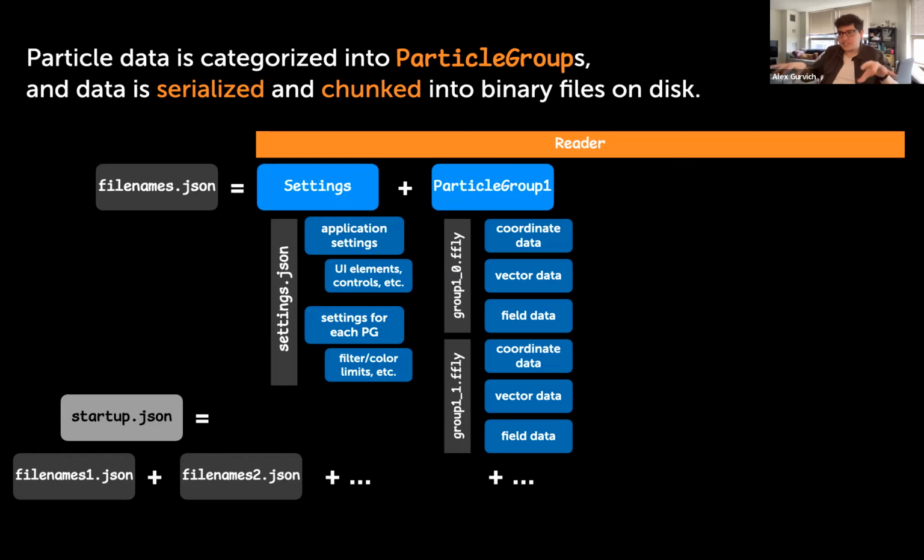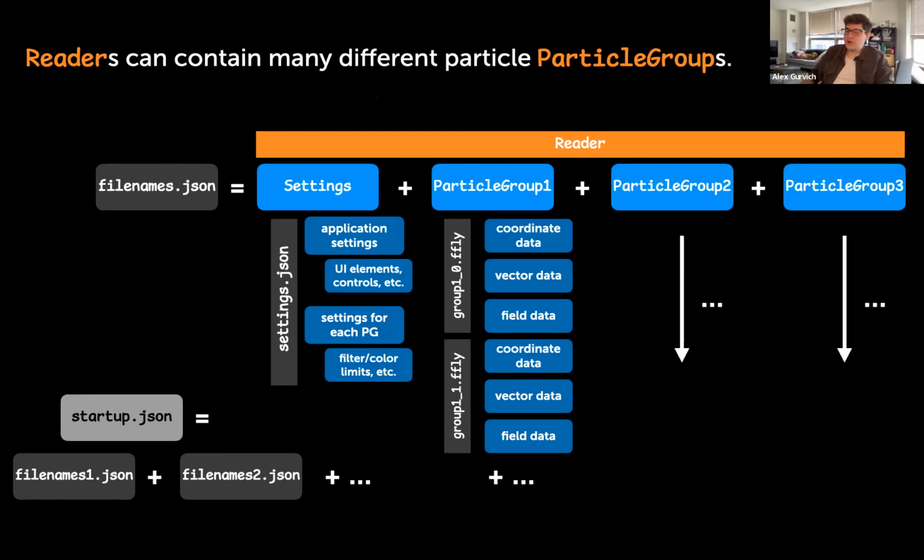And when you're ready to actually output, the particle group instances will automatically chunk and serialize your data into the binary format that Firefly uses, so that you don't have to think about it. And then, of course, you can have as many particle groups as you want in a reader, and that's how you have those different panes in the UI that you can toggle whether different components are on or off, by using different particle groups.